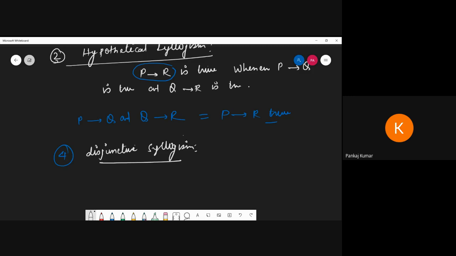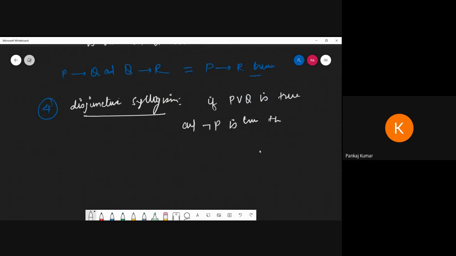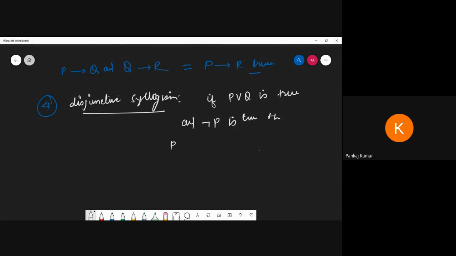We can say that if P or Q is true, and the negation of P is true, then we can say that Q is true. So what we have to derive from this one? Q is true. So that is the answer.